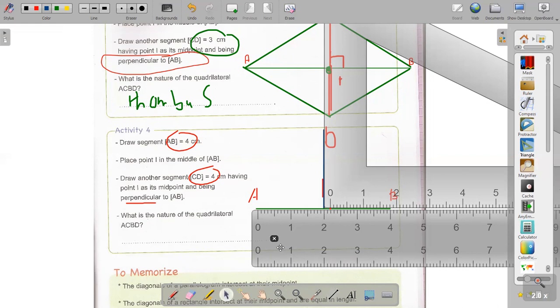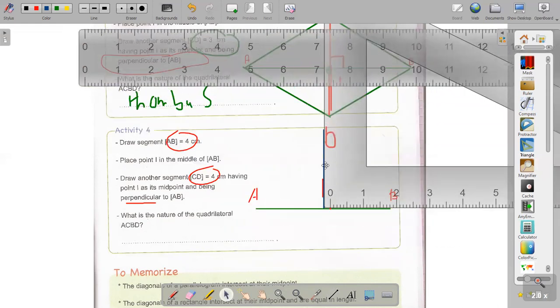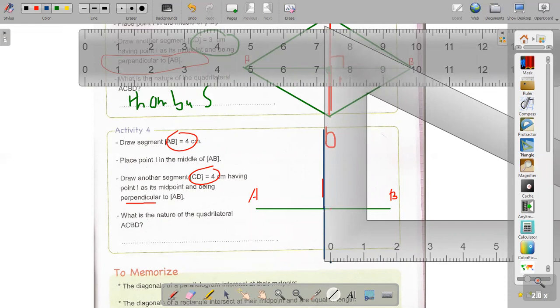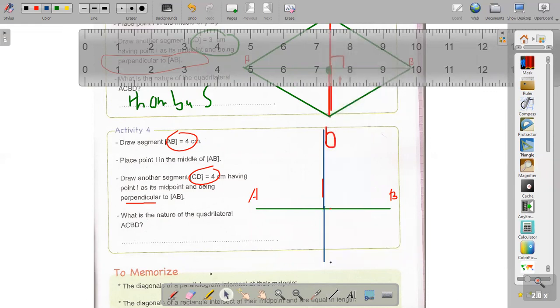Okay. Continue it downward. The right angle has to be on the line AB. Okay, done. I will remove the set square now so they are perpendicular.